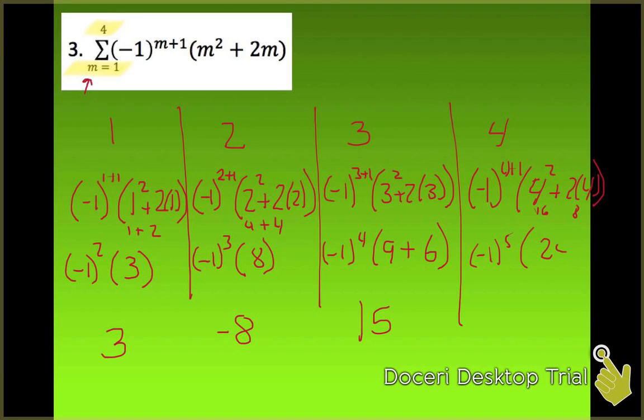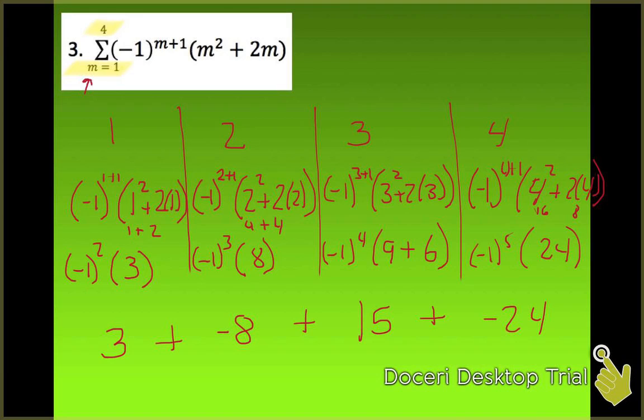That ends up being 24. So negative 1 times 24 is negative 24. Now when you add these up, this is a bit of a trickier addition because we're putting pluses in between them. You're adding 3 plus negative 8 plus 15 plus negative 24.